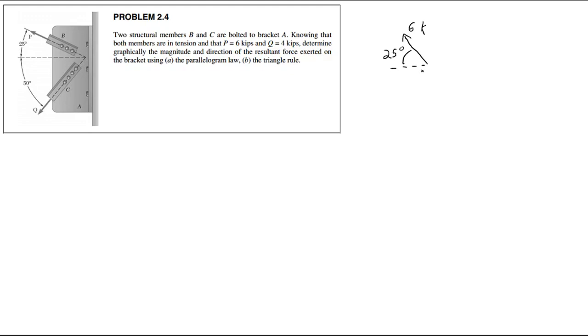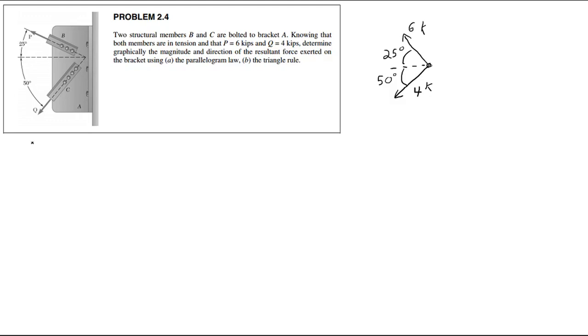And then I'm going to have a 4 kip force at an angle 50 degrees below the horizontal. And that is a simple free body diagram of this system. And I want to find the resultant, which will simply be the summation of these two forces. So let's look at that.